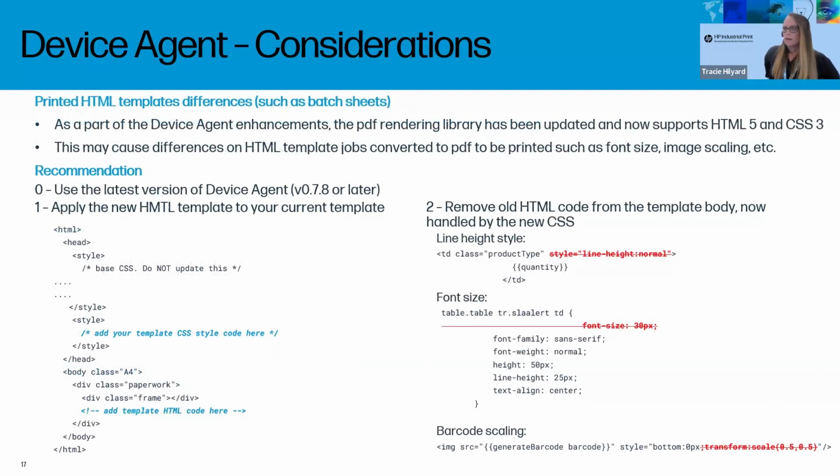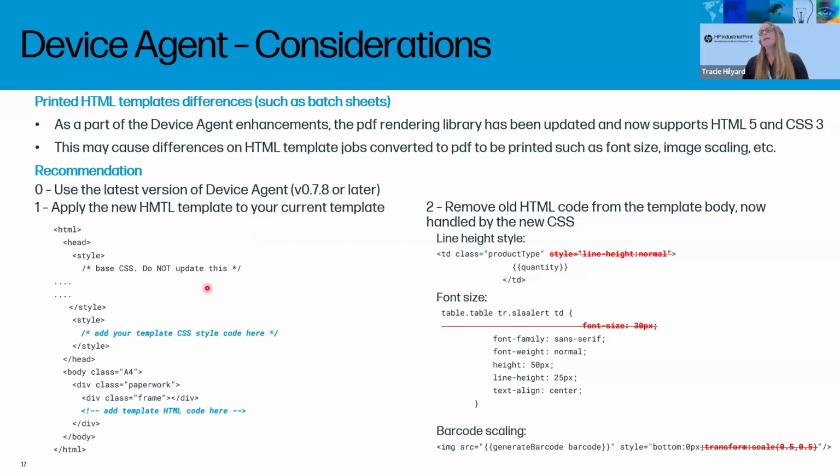So a little bit more about the HTML template differences, specifically with batch sheets. The device agent has been updated to support HTML5 and CSS3. So that's where we're going to see some of the differences in the old templates that you're using. So the first recommendation is to use the latest version of the device agent. That would be 7.8 or later.